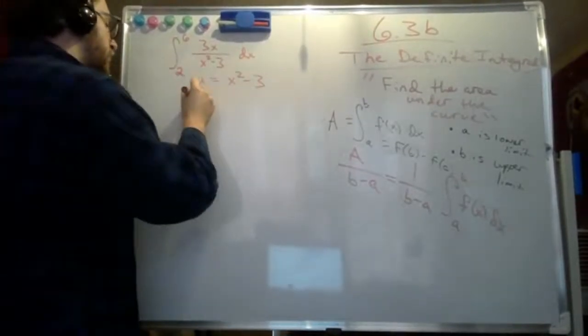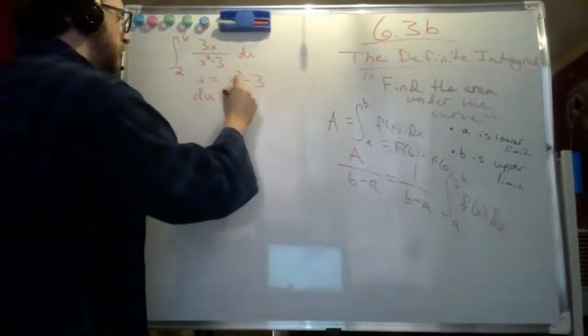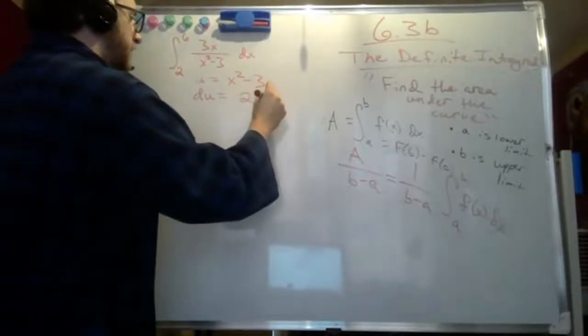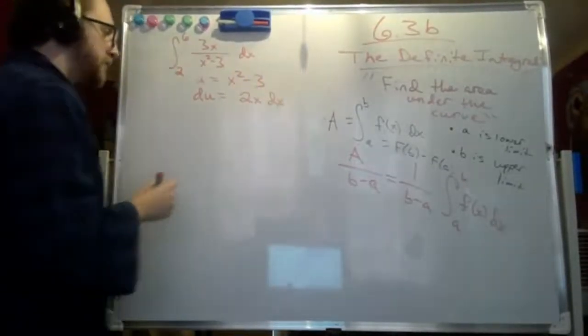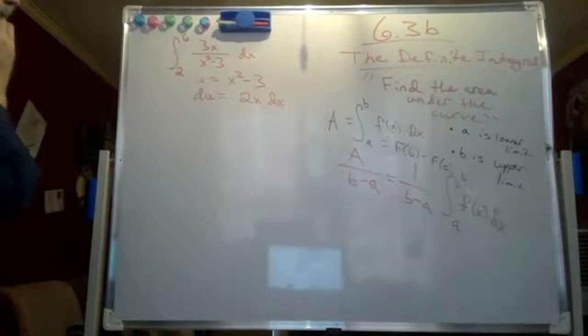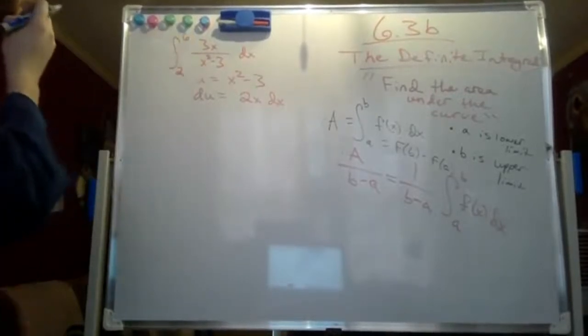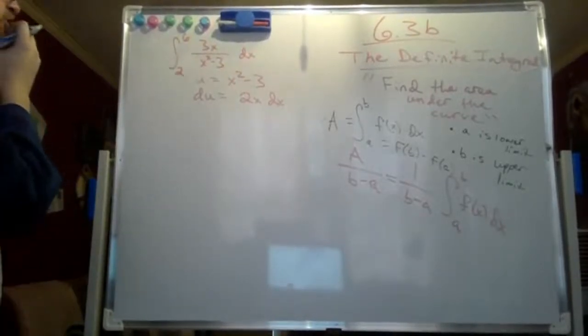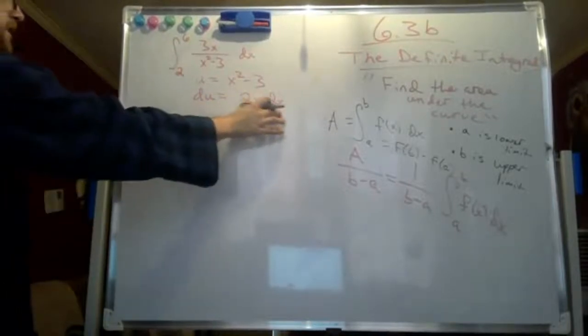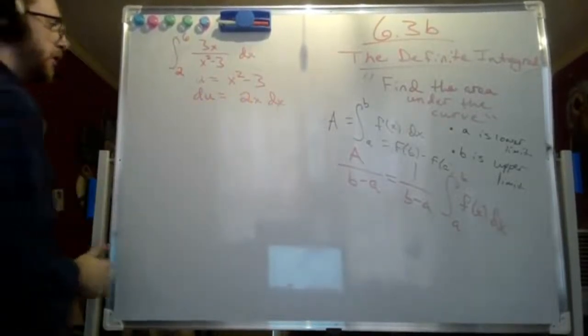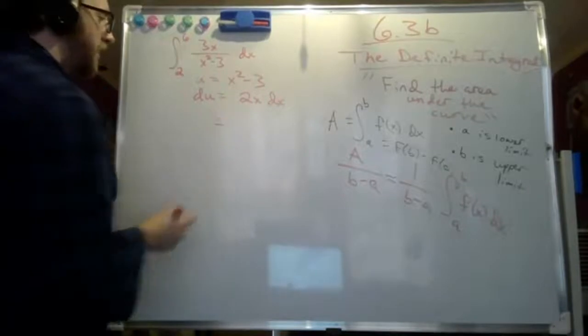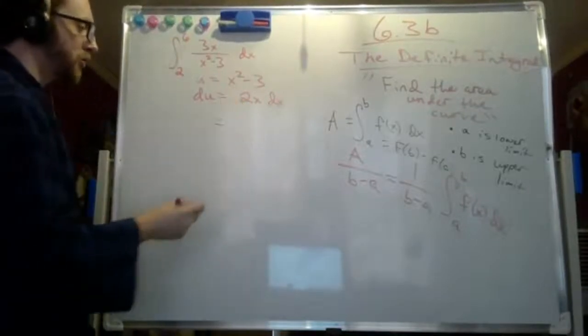So in this case, we're going to have du is equal to 2x dx. But right now, we actually have a 3. So let's see, I want to get a 3 down here so I can plug it in. So if I want to get a 3, that means I want to get rid of the 2.